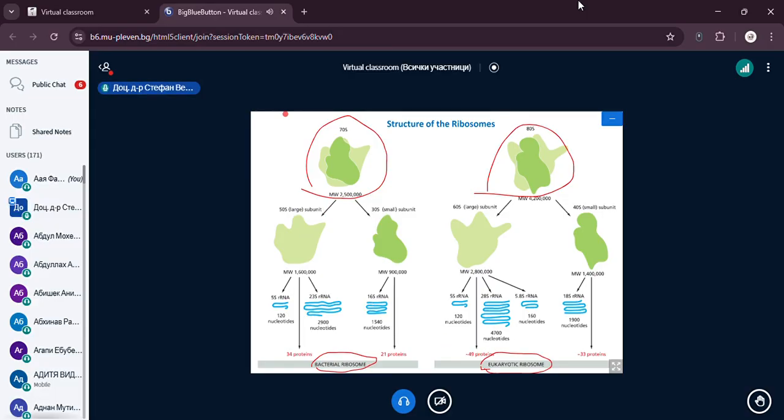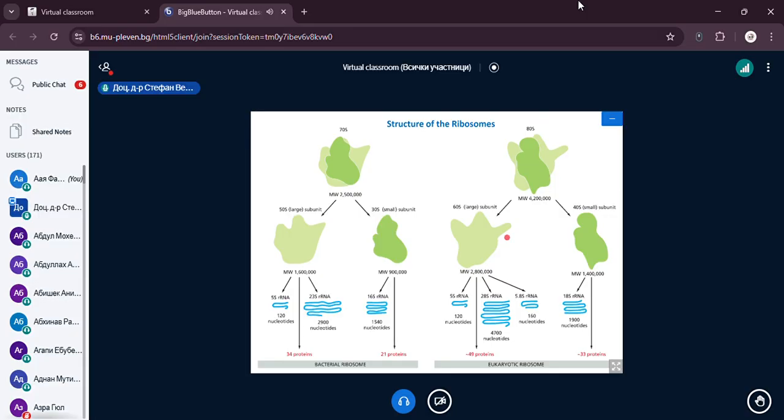The bacterial ribosomes are smaller than the eukaryotic ribosomes. The eukaryotic ribosomes are 80 Svedberg units, while the prokaryotic ribosomes are 70 Svedberg units. Regardless of this fact that they have some structural differences, generally prokaryotic and eukaryotic ribosomes share similar structure.